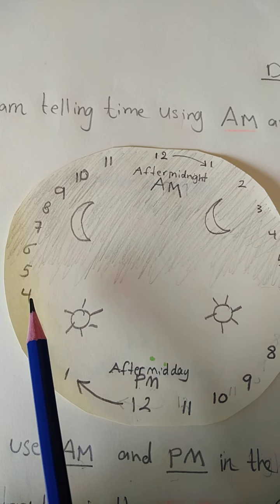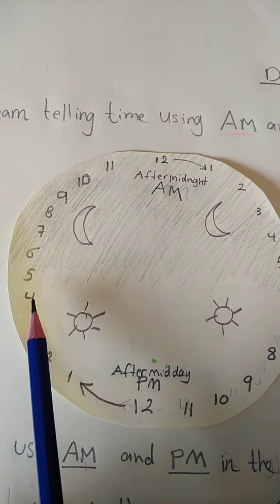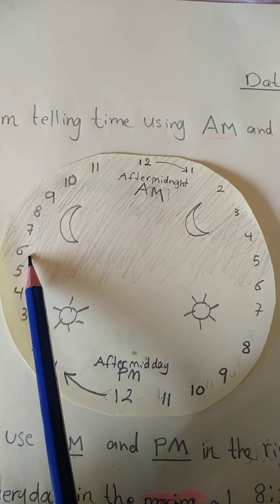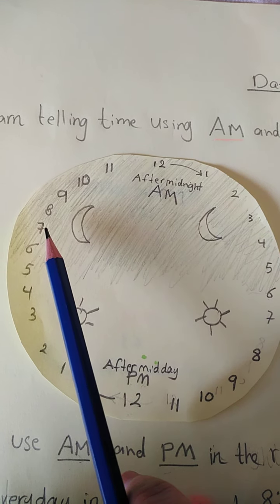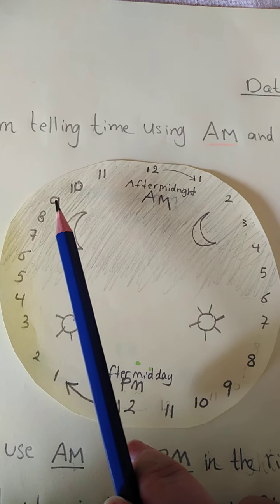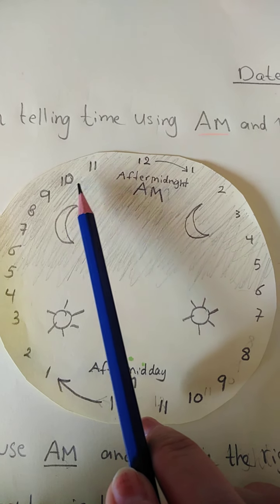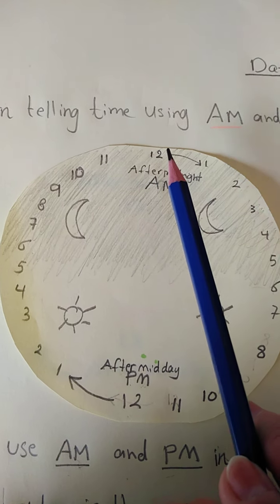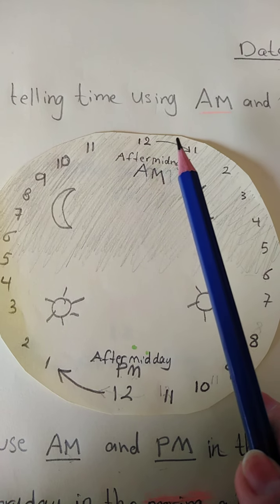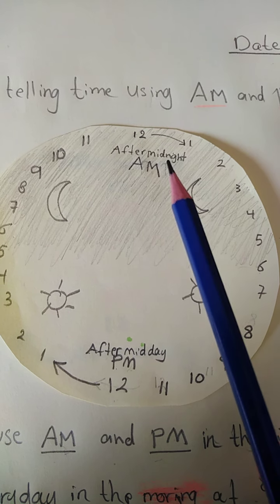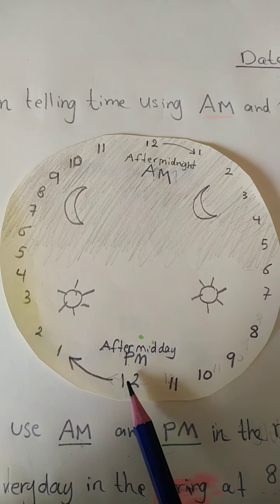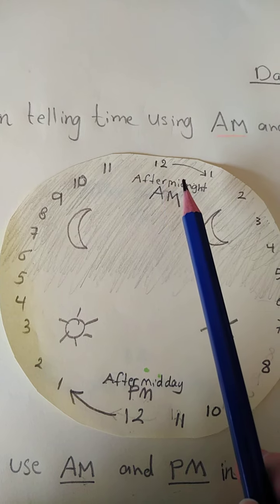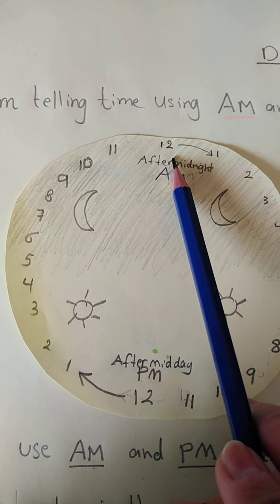This is when you go home from school. 4, 5, 6. And then sunset. 6, 7, 8. Nighttime. 9, 10, 11, 12, and midnight again. So if it's after midnight, it's always AM until lunchtime. From lunchtime, it's going to be PM until 12 midnight.